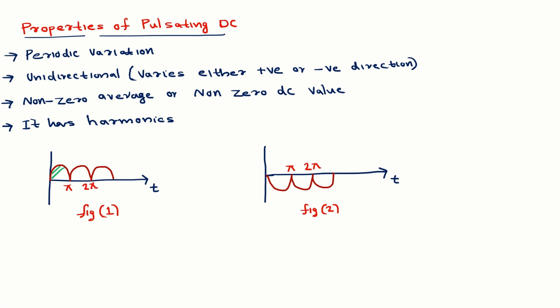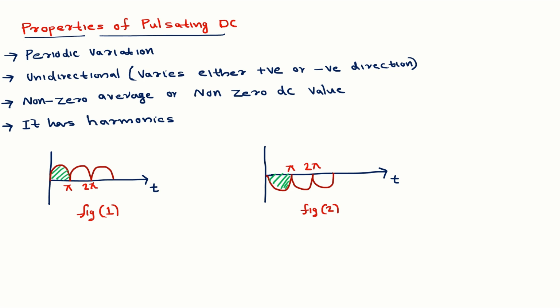This is the area. In the second figure, this is the area. Or we can integrate the signal with the limit 0 to pi. Definitely it is not zero. The area, or the result of integration, is a non-zero value.